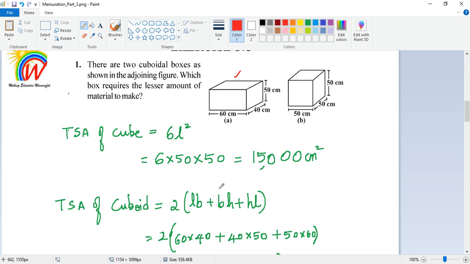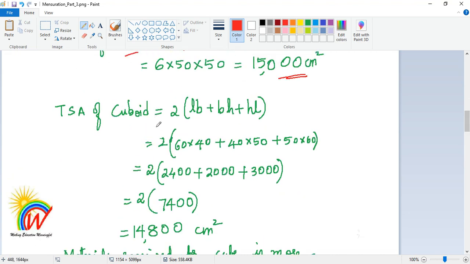So let's find the total surface area of a cube. That is 6L square. We already know the formula. 6 into L, and L is 50 in all the cases, right? So 50 into 50. So that's going to be this. You can solve and check. And then for the total surface area of a cuboid, you use this formula. So you substitute L is 60.